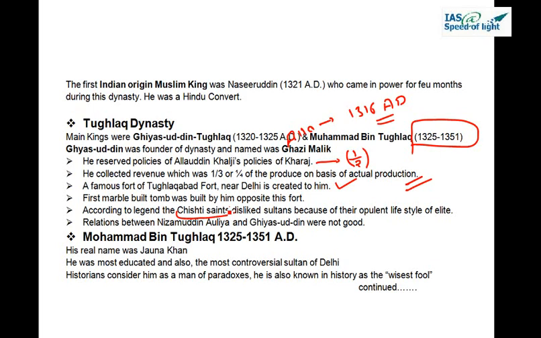As we have discussed earlier also, Ghiasuddin Tughlaq was one of the kings who died accidentally. And there is a legend behind this. Ghiasuddin Tughlaq confronted Nizamuddin Aulia, asking him to return some of the state money, but Nizamuddin Aulia told him, no, I have already spent the whole money.